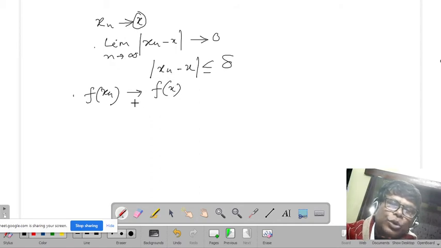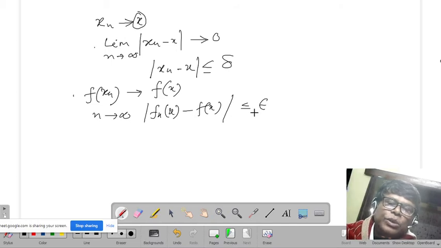Again this means that the distance between fn(x) and f(x) is less than or equal to epsilon as n tends to infinity. So the delta-epsilon definition of the limit of a function has been explained.